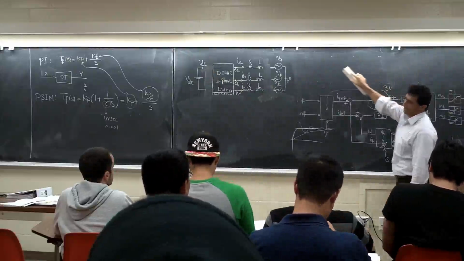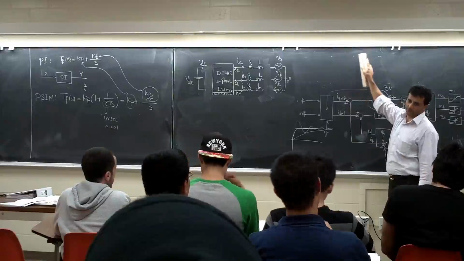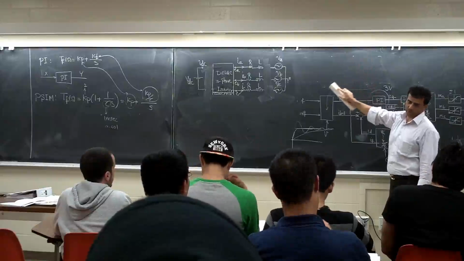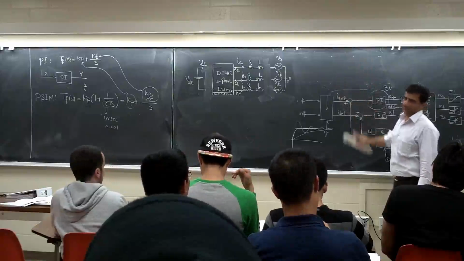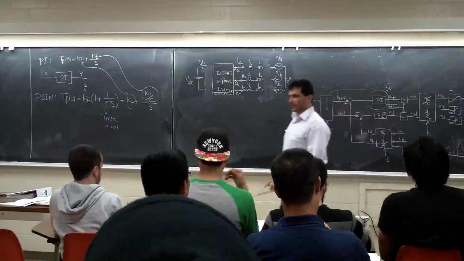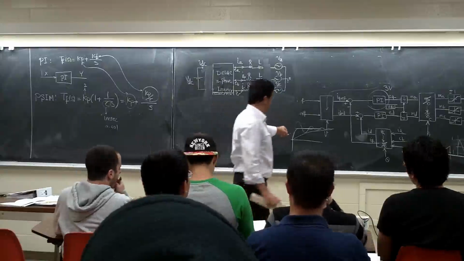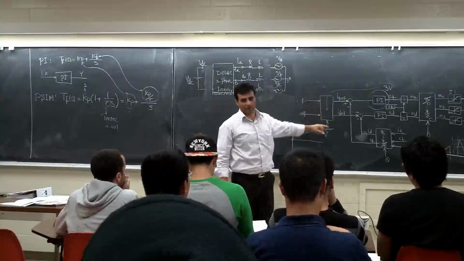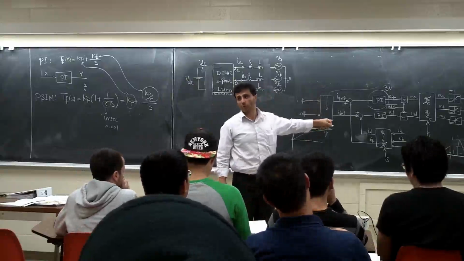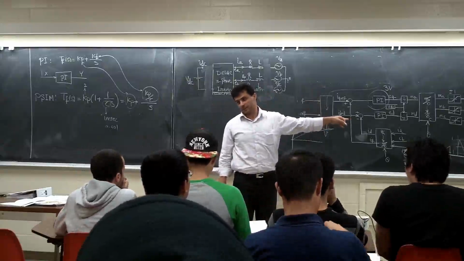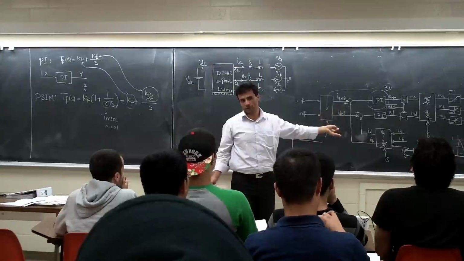Remember here, we had P is 3 over 2 Iq ref times V. The other one was minus 3 over 2 V Id ref. What I like is, when I change my P ref in the system, I'm changing my P, right? I don't want my Q to be affected. Basically, they will be independent of each other, right?